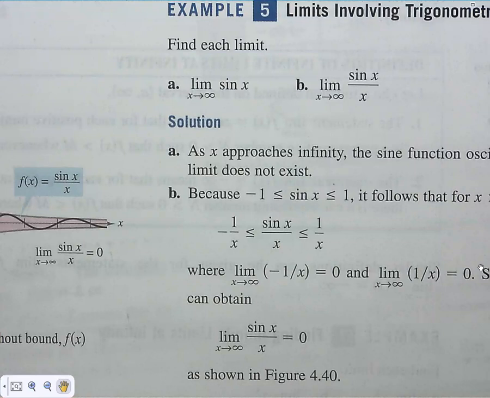So I have some number, it's not always a constant, but it's always between -1 and +1, divided by something huge. What's going to be happening to that fraction? It's going to be going to 0. So I think about what the graph looks like. I think about what's happening in the numerator, what's happening in the denominator, what's happening in the whole fraction.